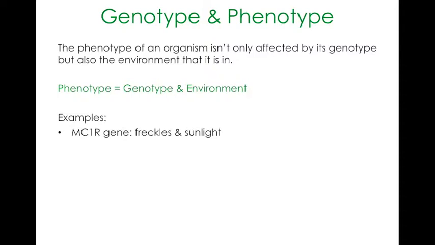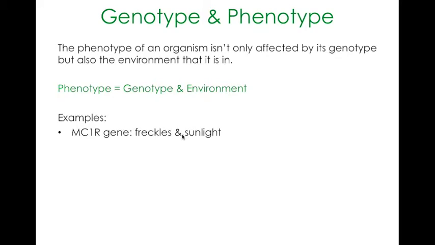If you have the MC1R gene, it means you have a code for freckles, which means you are more likely to produce freckles, and you're more likely to produce lots of freckles when you have this particular gene. However, freckles are extremely affected by UV exposure. So individuals who have the MC1R gene but don't go out in the sunlight will not develop freckles.